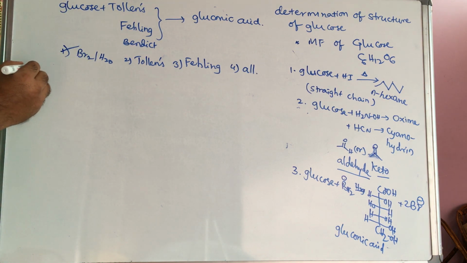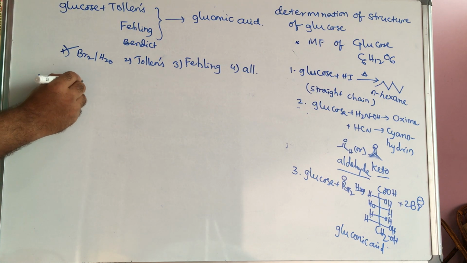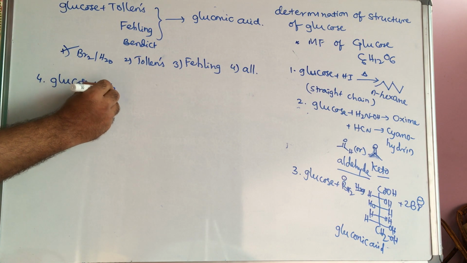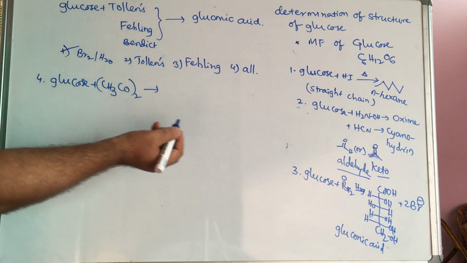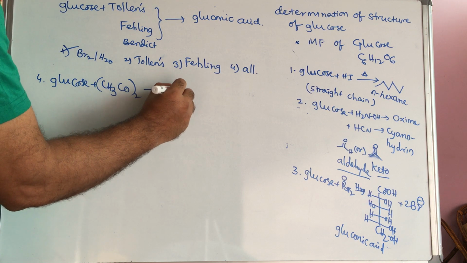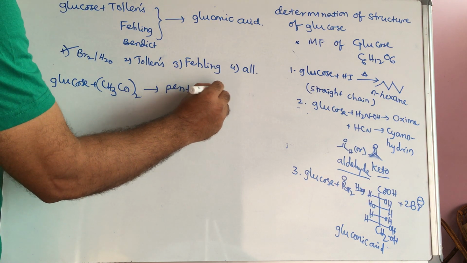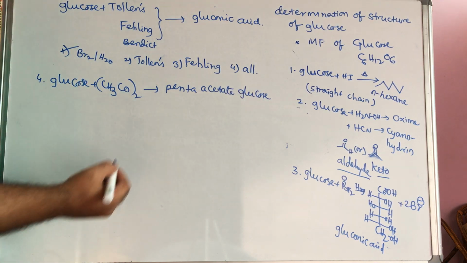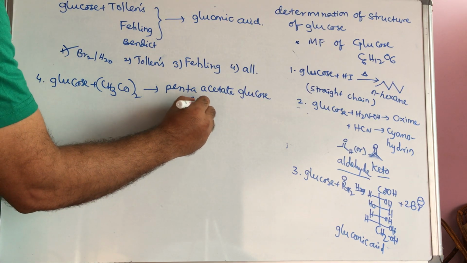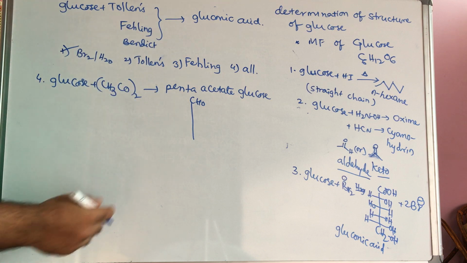Next one, the fourth one. Glucose reacts with acetic anhydride, then it forms pentaacetate. What is the structure of glucose pentaacetate? CHO, because the aldehyde group is conserved.